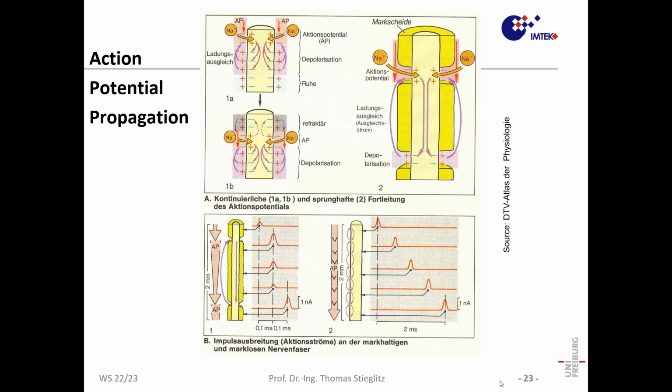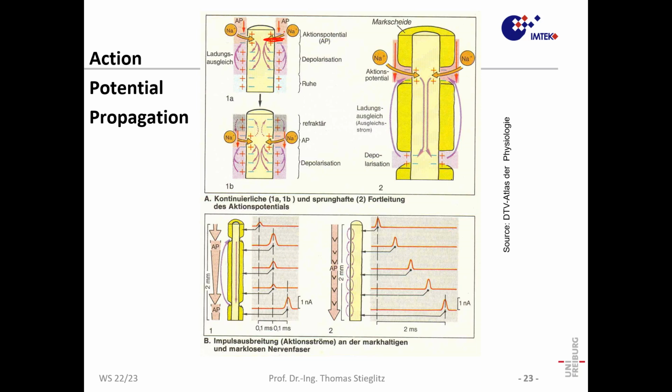In the non-myelinated one, left-hand side, in the upper one, we have that restitution of an action potential in neighboring patches over the nerve length. So when I have an action potential here, I have displacement currents to the neighboring patch.